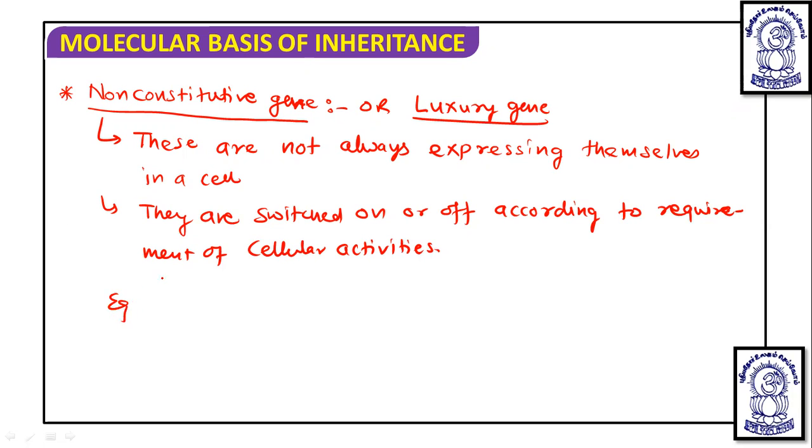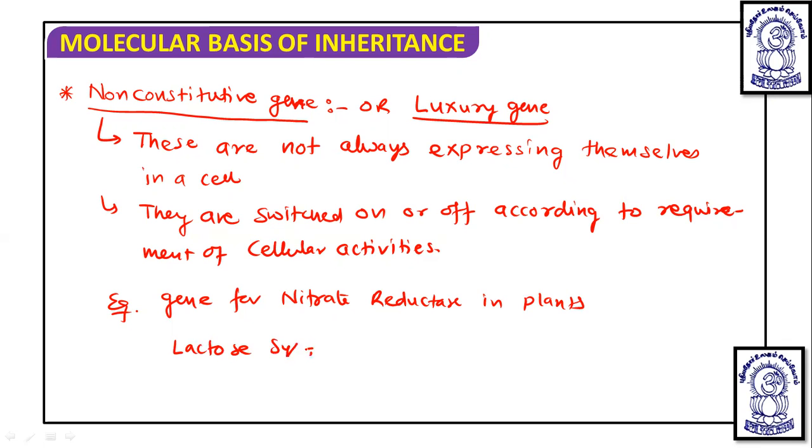For example, the gene for nitrate reductase in plants, and the lactose system in E. coli, that is the Z, Y, A genes. All these genes which are not always expressed, are regulated and have a switch on mechanism, and are known as non-constitutive genes.